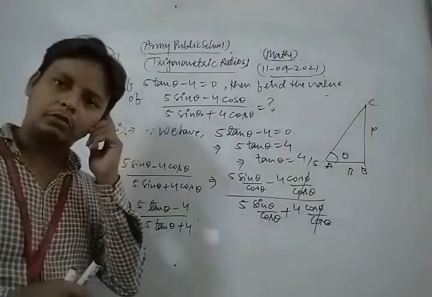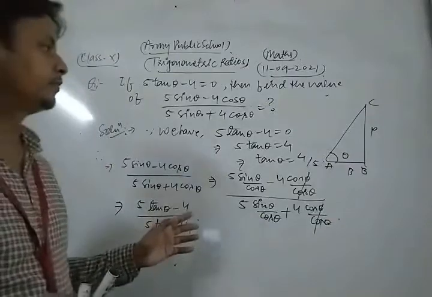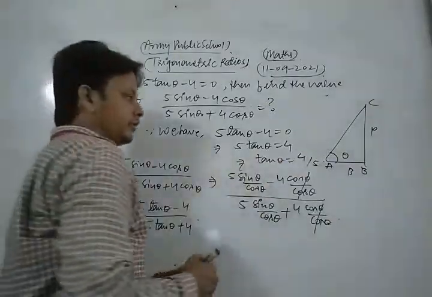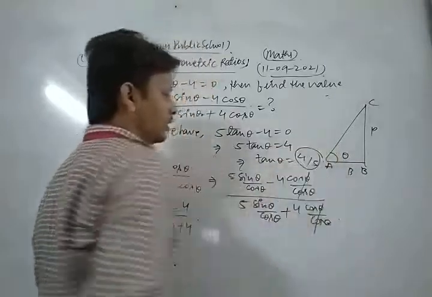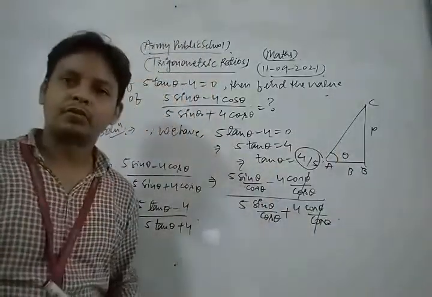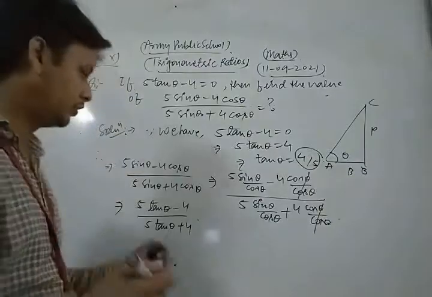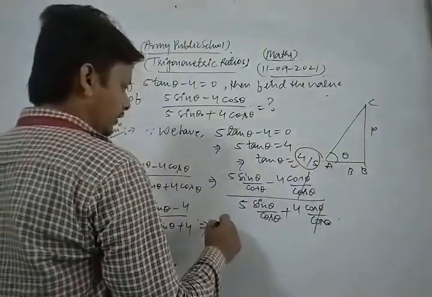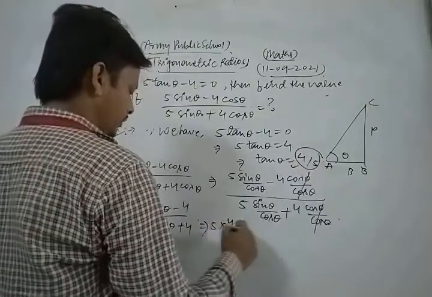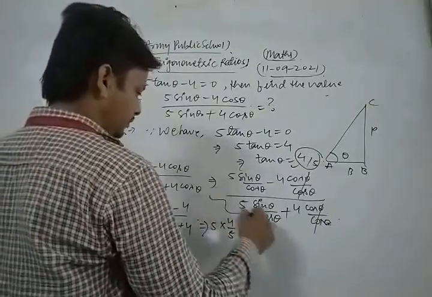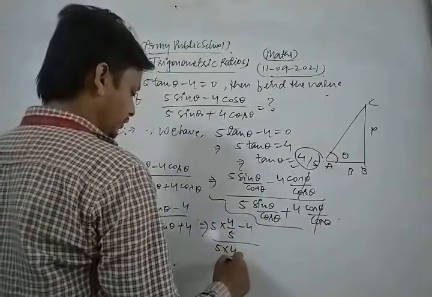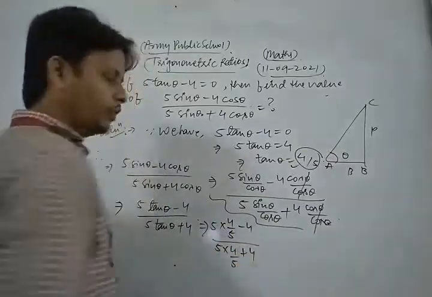Now dear students, we put the value of tan theta as 4 upon 5. So we get 5 into 4 upon 5, minus 4, upon 5 into 4 upon 5 plus 4.